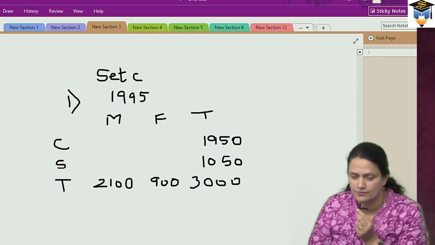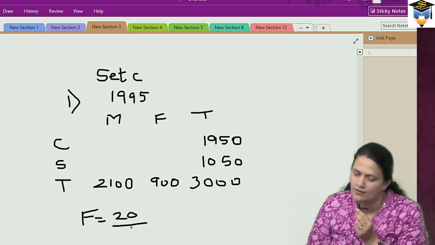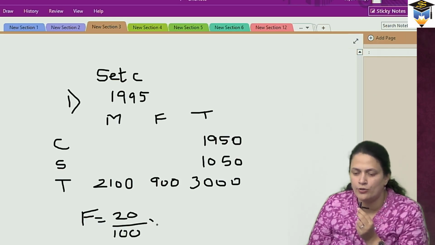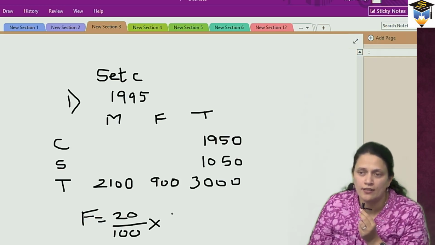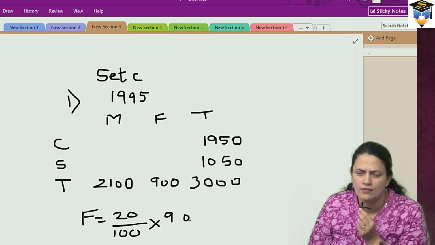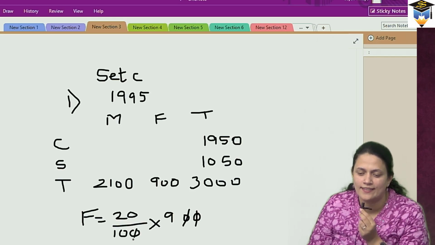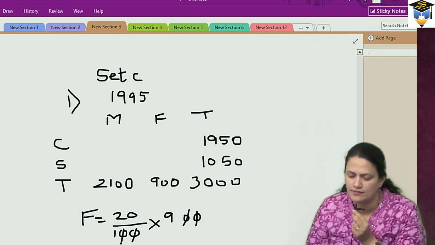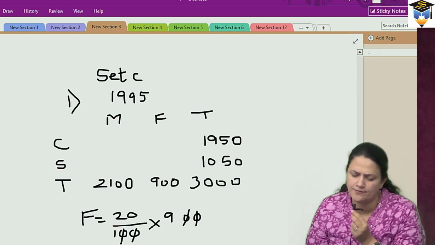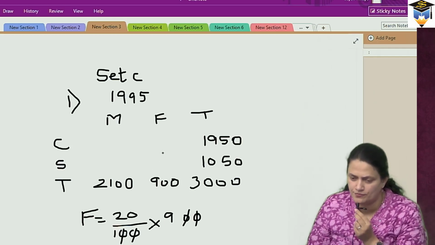So 20 upon 100 into how many total female students are there? 180 females who read science.